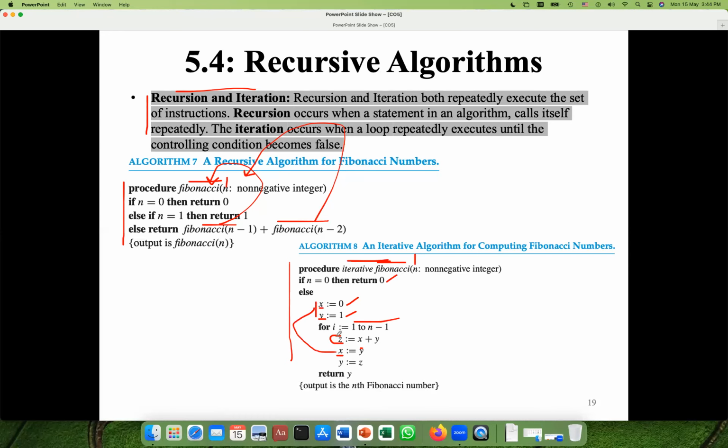And then we put that sum, which is z, in the second number, which is this y. And then we are going on. Maybe we can use some System.out.println here. And then your program will be completed, okay? So that is iteration. And that is the recursion.